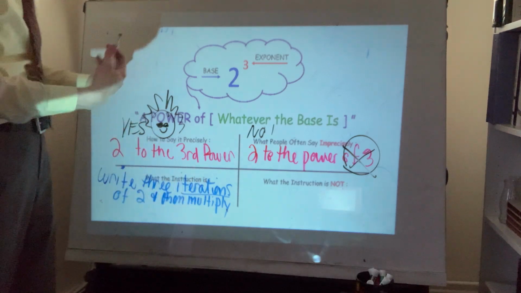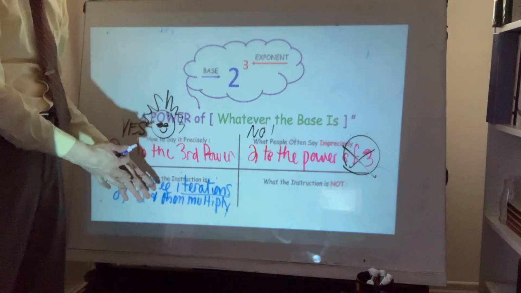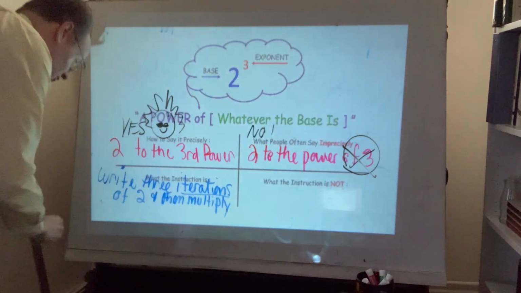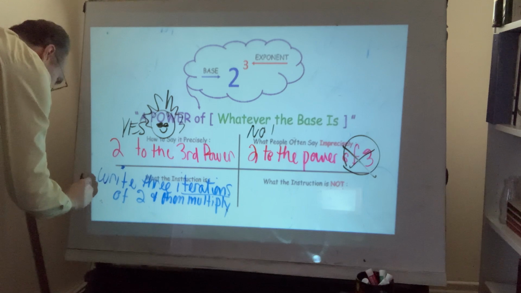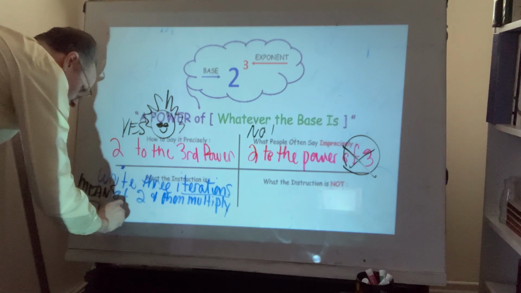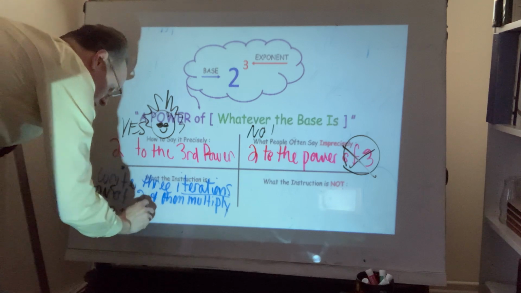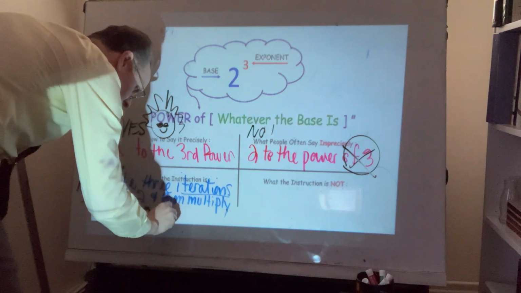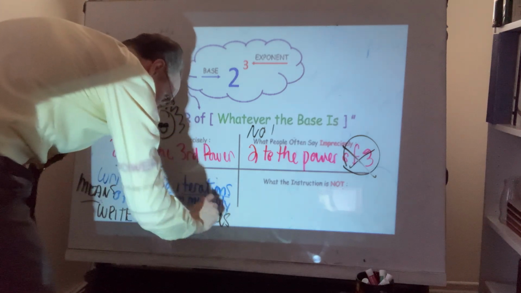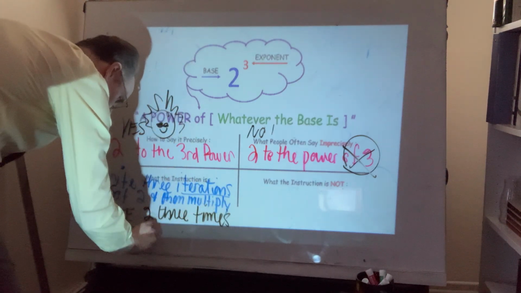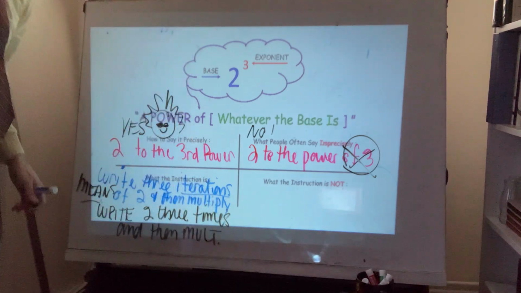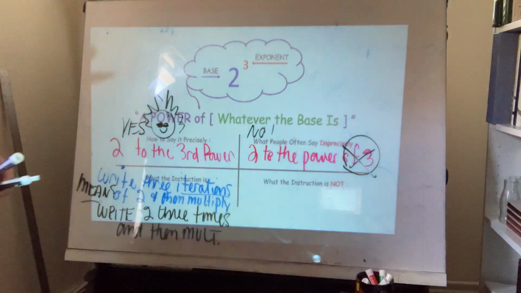In a plainer way of speaking, and I would do this for sure, what does that really mean? It means write 2 3 times and then multiply. Hopefully that's not too dark or off the screen here. I'll put the curtain back just to read this.